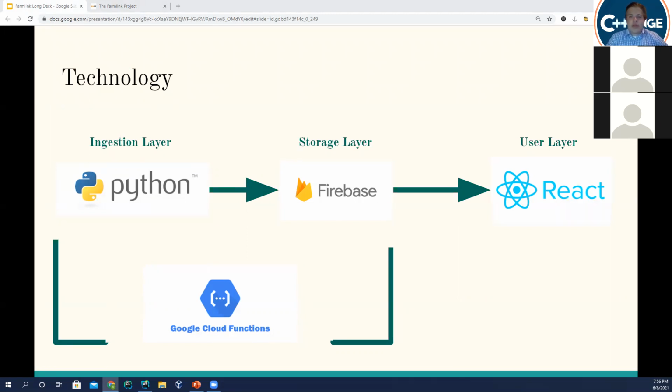This data is then stored in Firebase, which is very important to limiting the querying time on the front end. If we didn't have this storage layer, the Python script would have to pull the necessary data each time the user ran the tool, instead of only pulling from existing data in a database. And then lastly, React is the user-facing layer that takes the data from Firebase and displays it in the visually appealing and readable manner that you just saw in the demo.